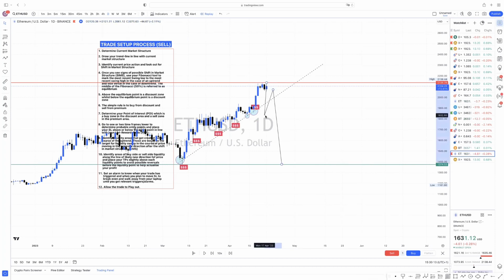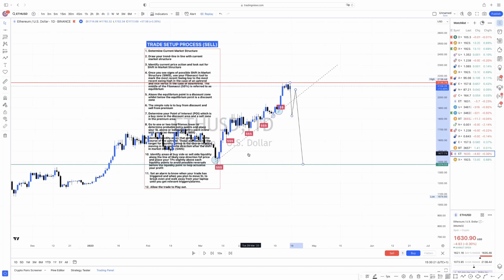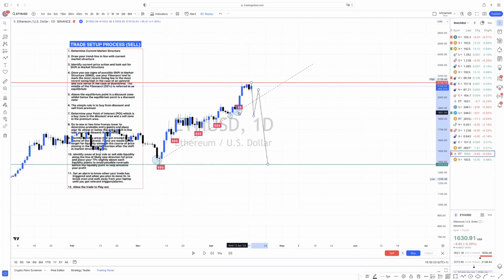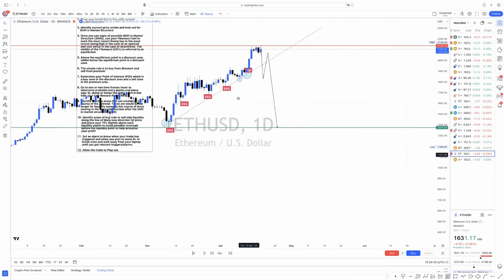The first thing you have to take particular note of, if you are focused on the daily, is that this low, right? This is the higher low, the last higher low that was created.